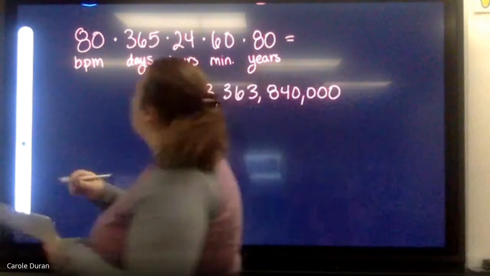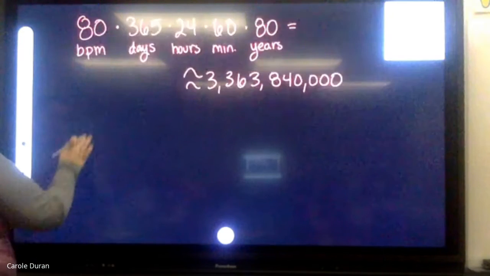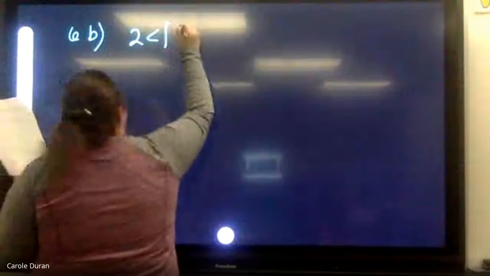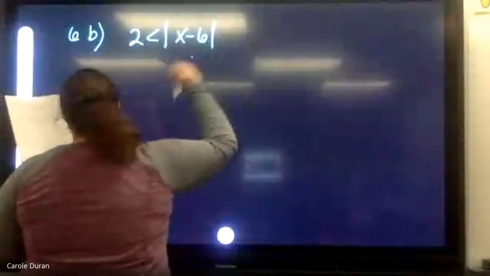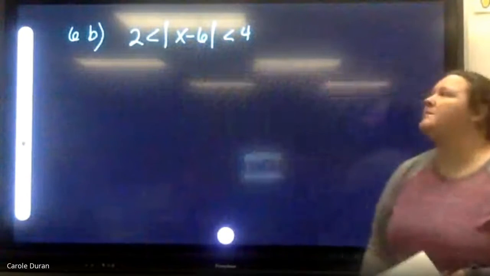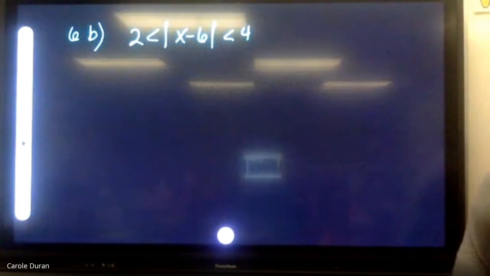So then 8B is a lovely absolute value problem. I know you're all loving that one. I think it's 8B, but it's 6B. So I have 2 is less than the absolute value of x minus 6, which is less than 4.